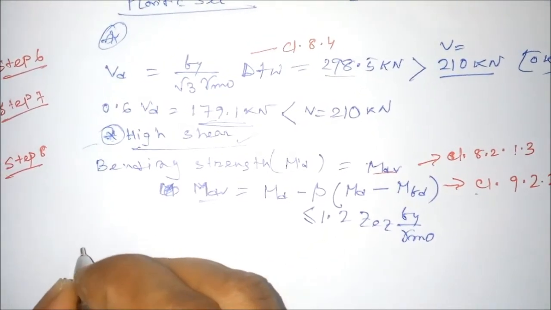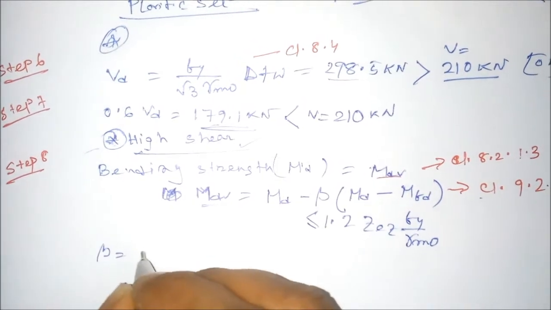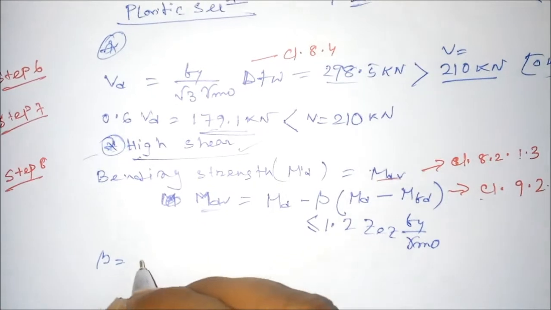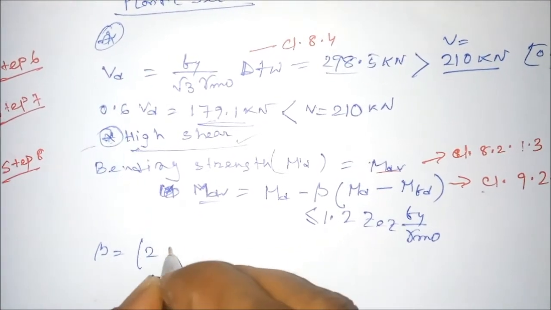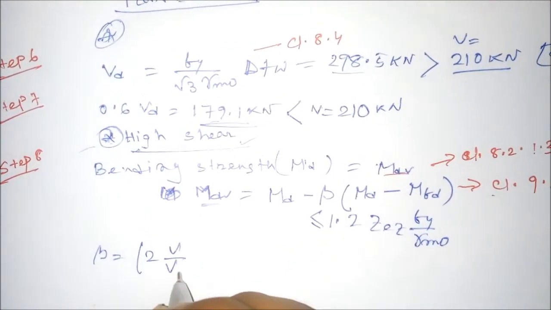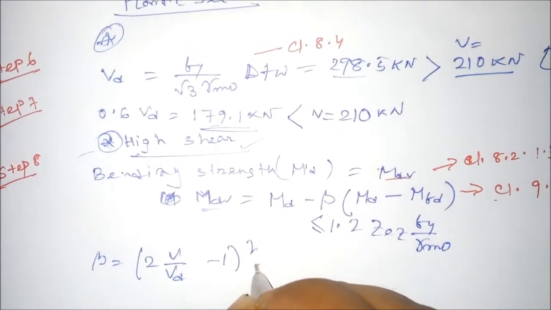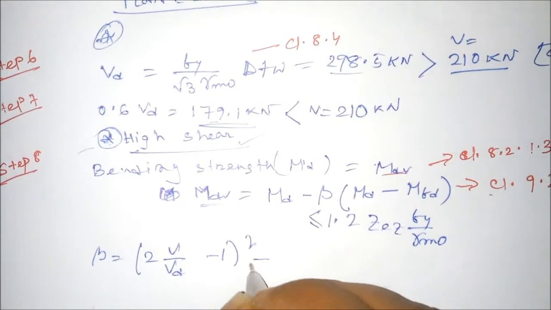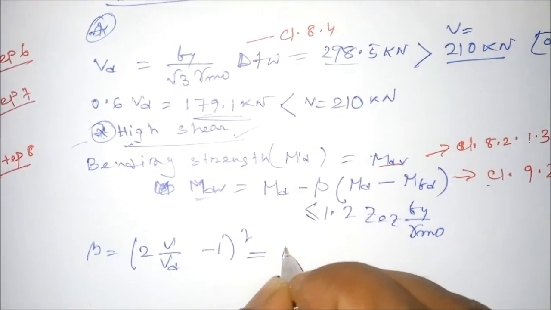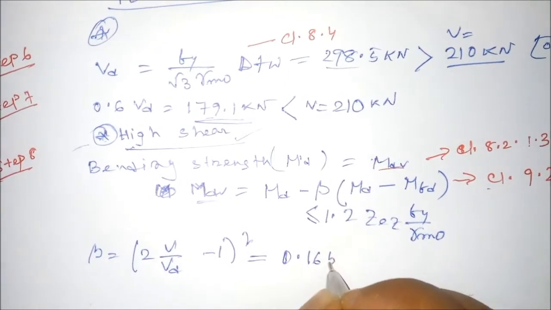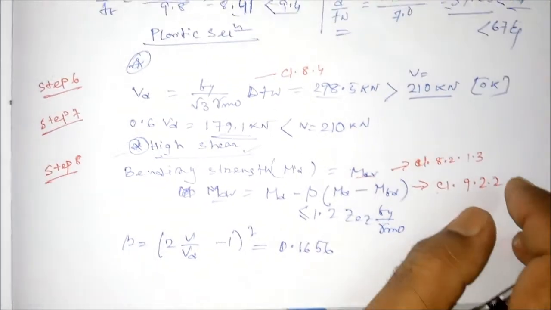So beta, what we already saw, is equals to 2 V by VD minus 1 whole square, right? V and VD are known. The value will be 0.1656. This is the value coming, right?